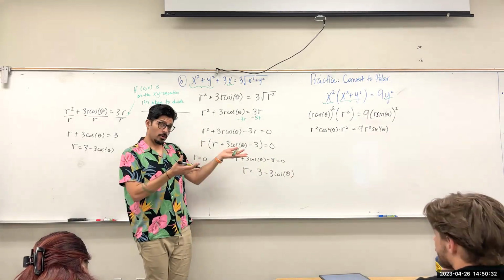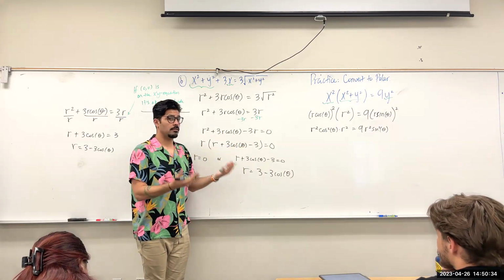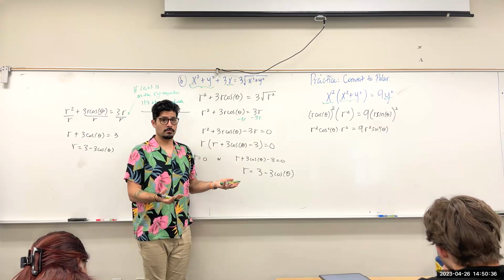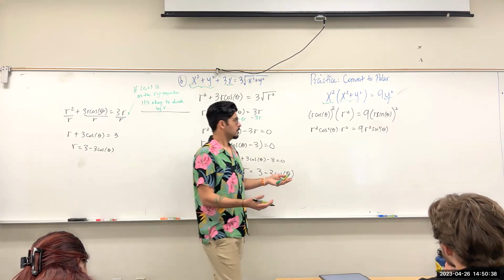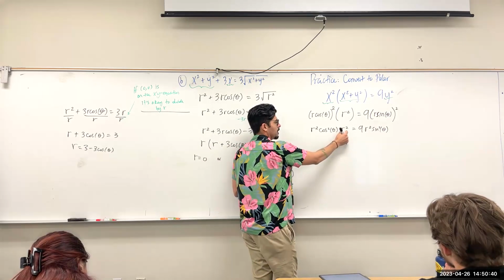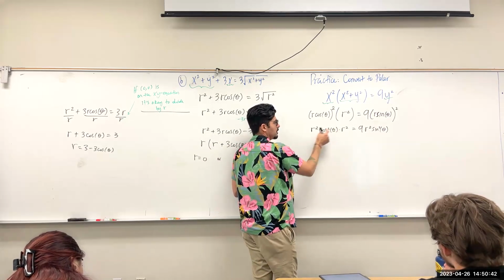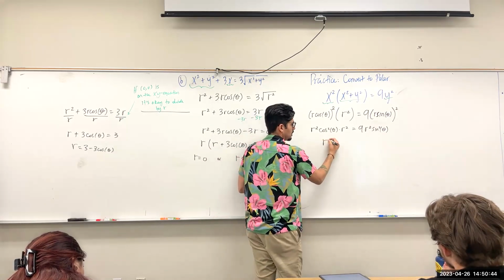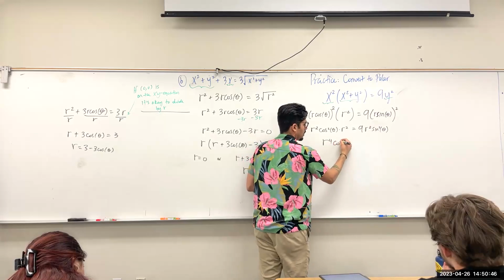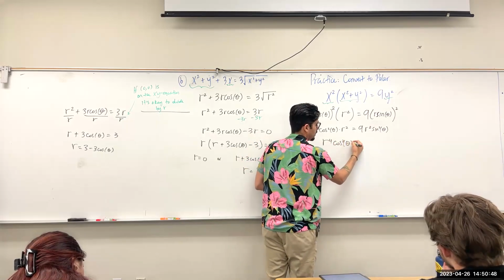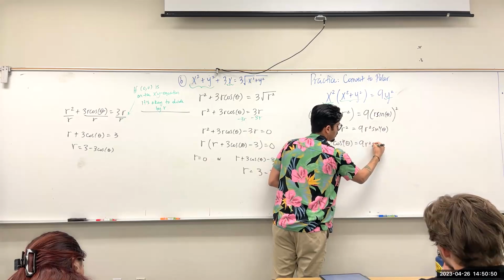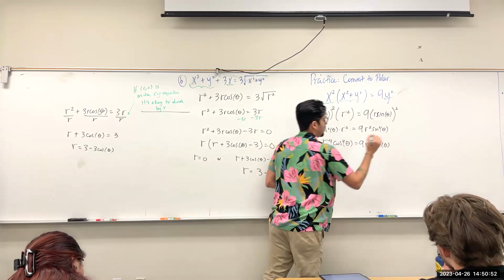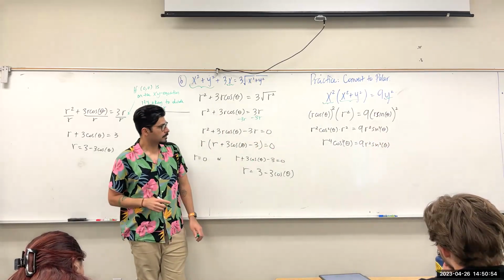Okay, the origin is included, so it's okay to divide by R's. Let me multiply this a little bit out. Hold on. R squared times R squared. R to the 4th cosine squared theta. Okay. Simplified it.